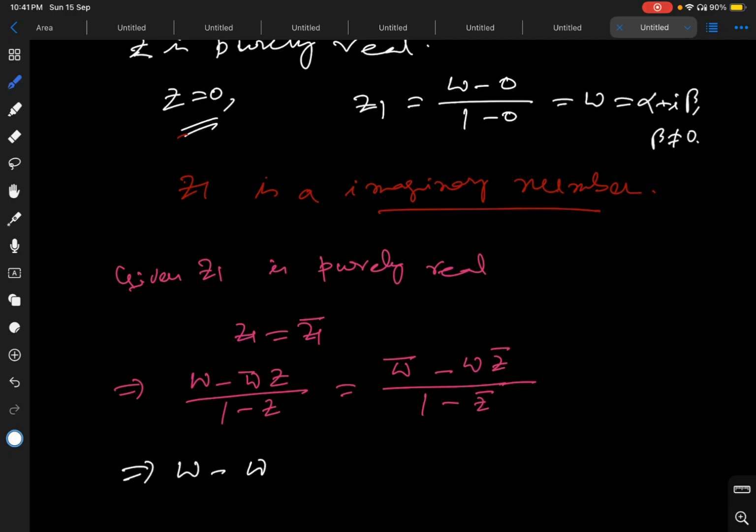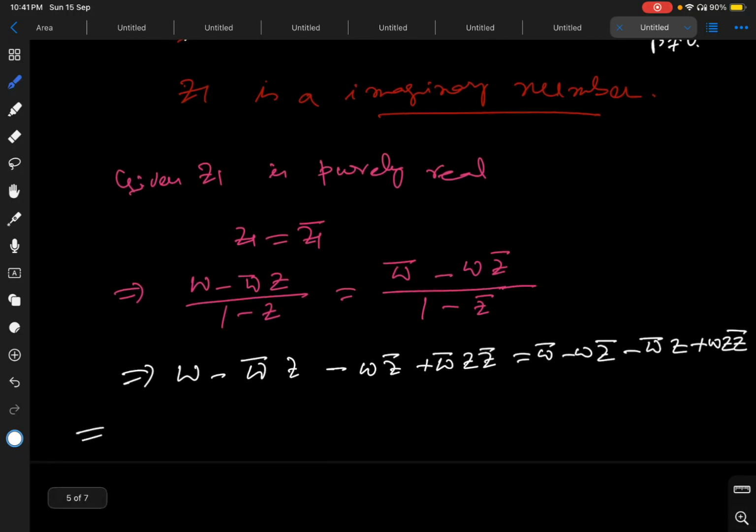Cross-multiplying and expanding, clearly we can eliminate omega bar z and omega z bar from both sides.